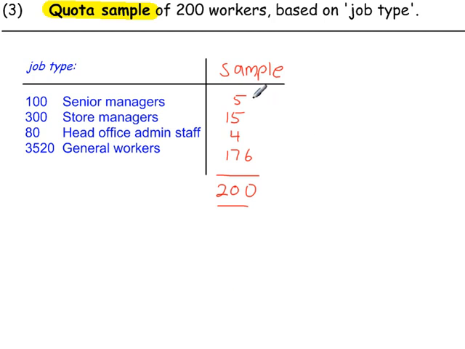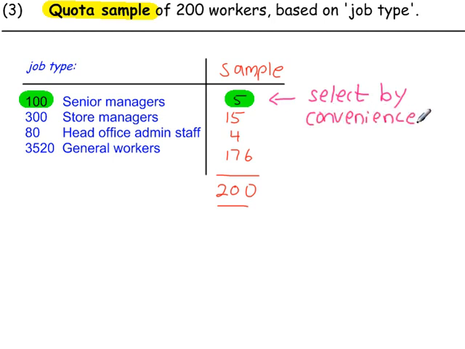Now we look at how do we select these 5 senior managers from these 100. Okay, so there's 100 senior managers. How do you select those 5? So we know that we need 5 people from this particular layer. What you do is you select by convenience. And by this we mean you select any 5 that you want.